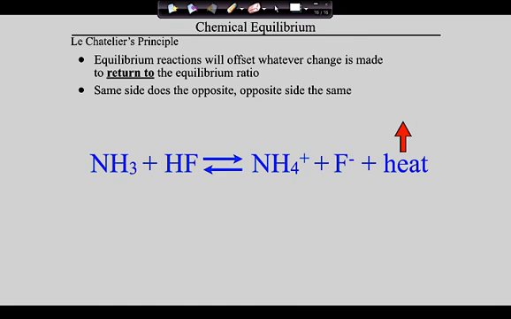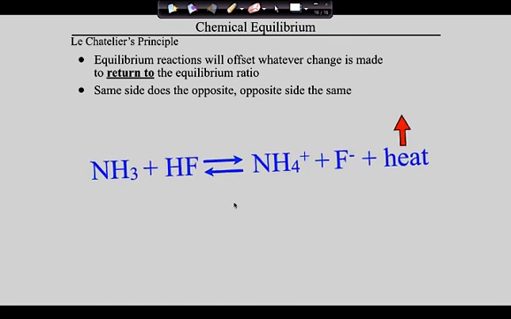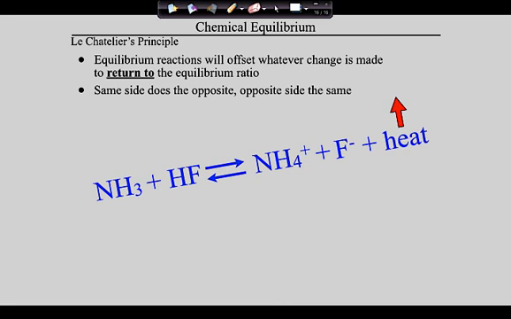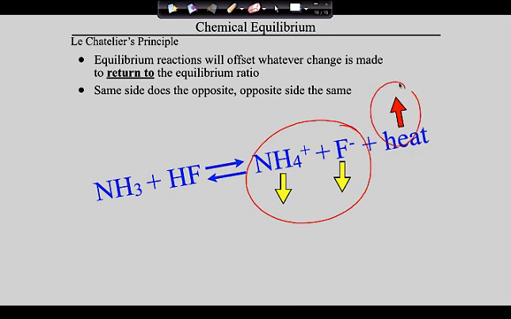So using our seesaw analogy, we know that if heat goes up, this thing will no longer be balanced. So what it wants to do is come back to equilibrium. So if the right-hand side of this went up by adding heat, to come back to balanced, the things on the right-hand side have got to come down. Notice same side does the opposite. So the stuff on the same side did the opposite of the initial change.